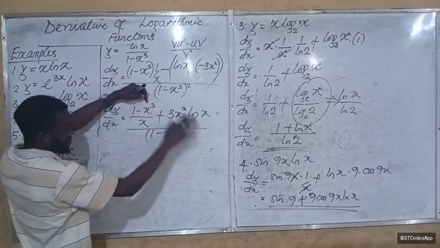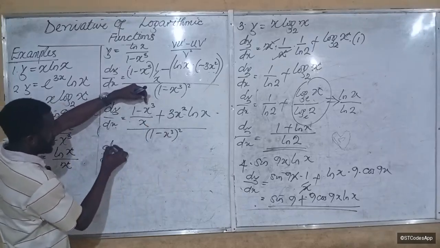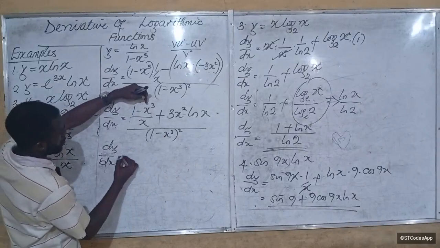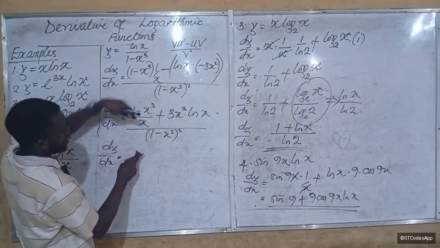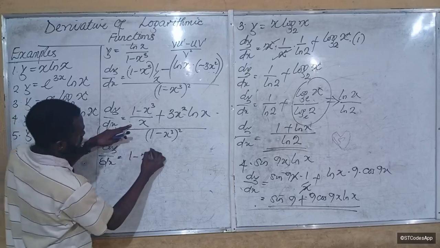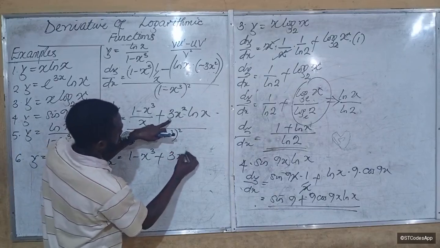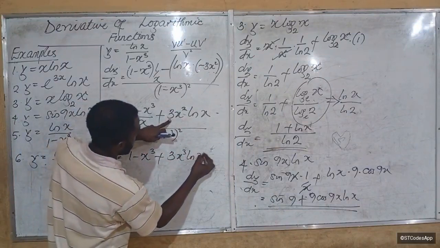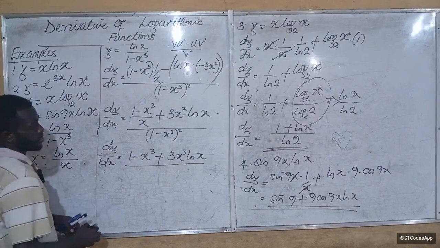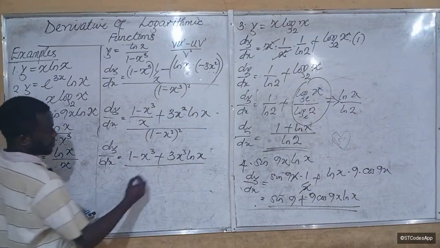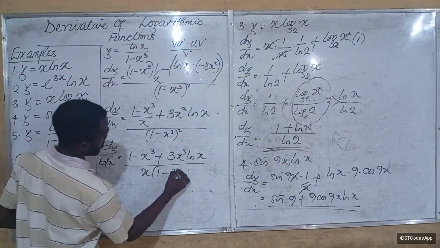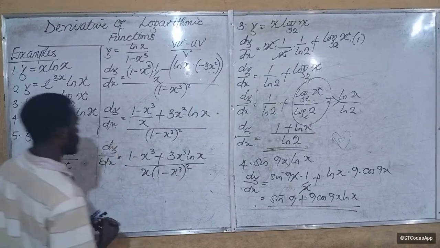If we multiply everywhere here by x, then we'll have dy dx equal to x multiplied by this, it takes care of this, it remains 1 minus x cubed, plus, multiply this, you have 3x cubed ln x, all over x into bracket 1 minus x cubed squared.